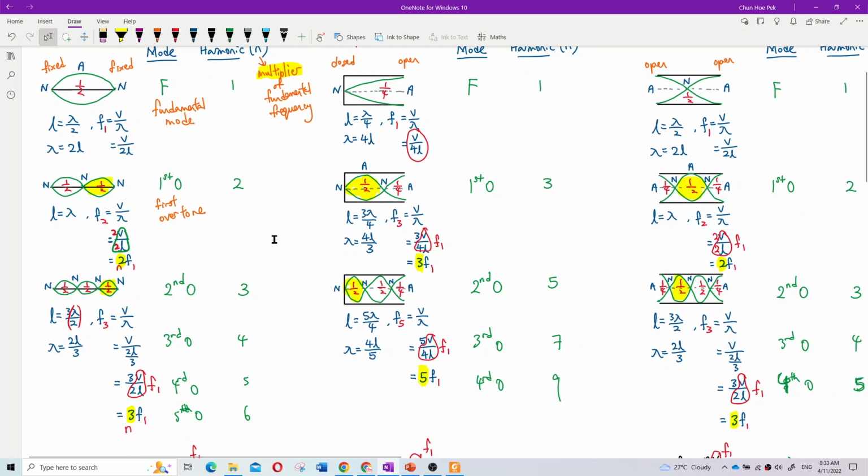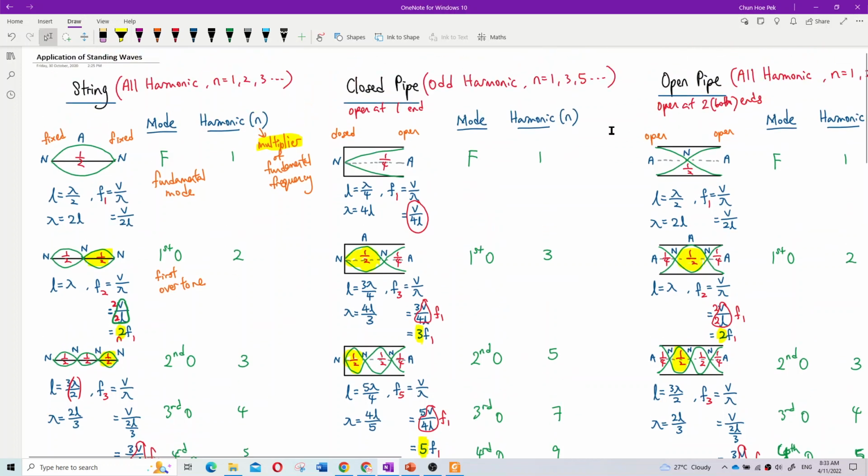Yes, sir. Okay, now go to the harmonic. It's a little bit different. Harmonic, what is harmonic? Harmonic is looking at multiplier of fundamental frequency. That means how many times is each of these overtone, how many times of their frequency higher than the fundamental frequency.